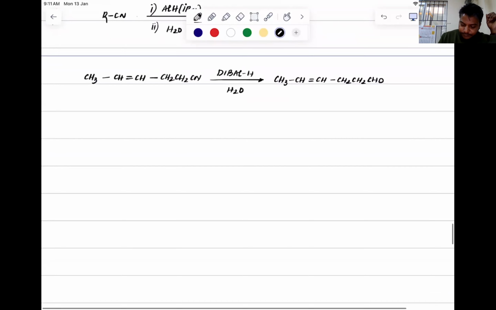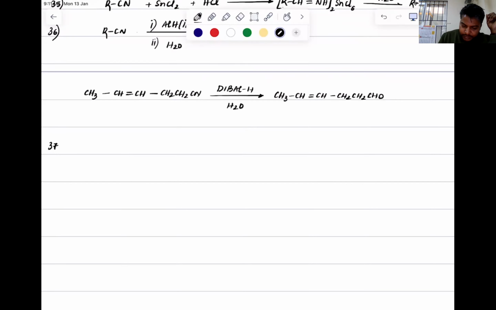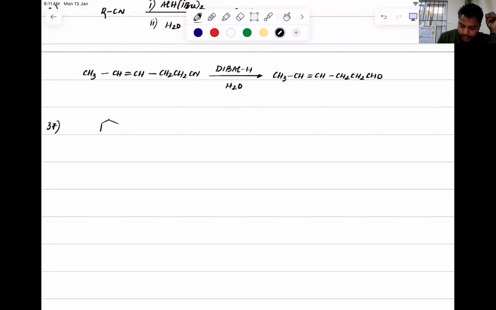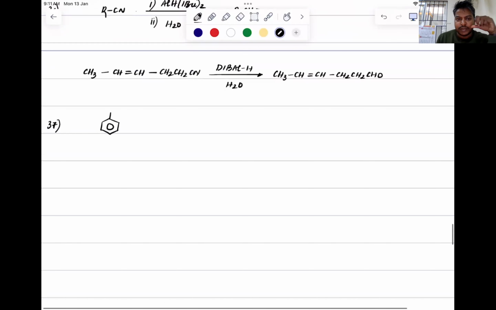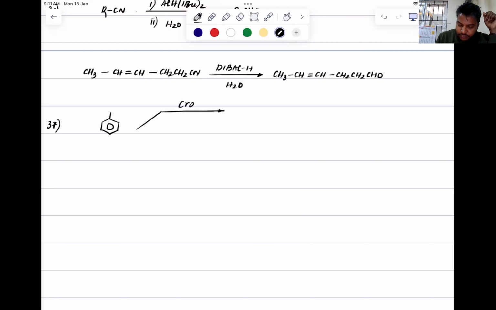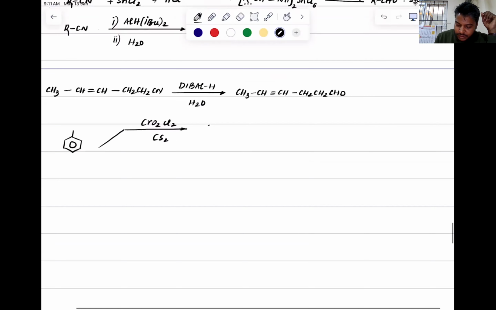Next, 37. This is a very, very important reaction. Suppose you have toluene and you react this with CrO2Cl2 in the presence of CS2. Clear? Then for toluene, you will notice that we'll have CH and then we have OCrOCl. Clear?